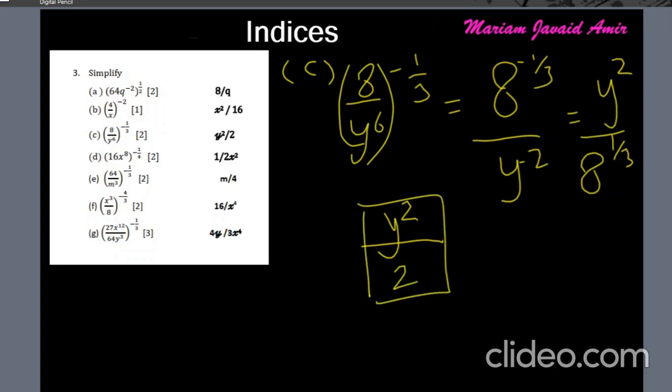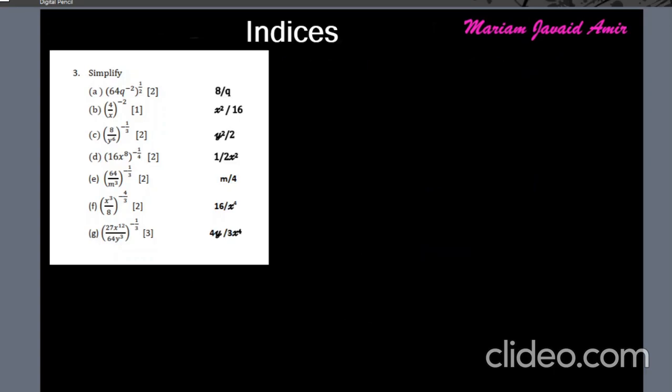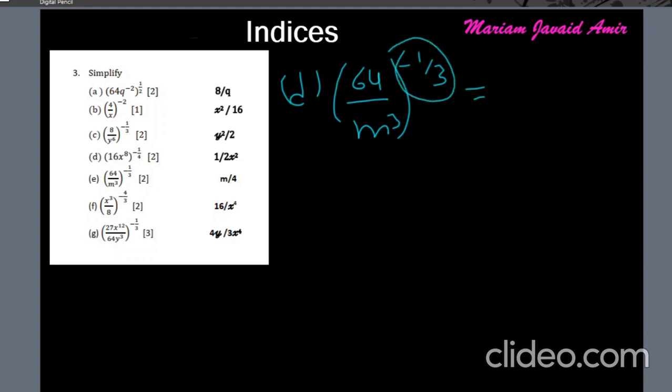Part D, 64 over m cube, power minus 1 over 3. Another way of doing it is that in order to make the power positive, you can take the reciprocal of the base.